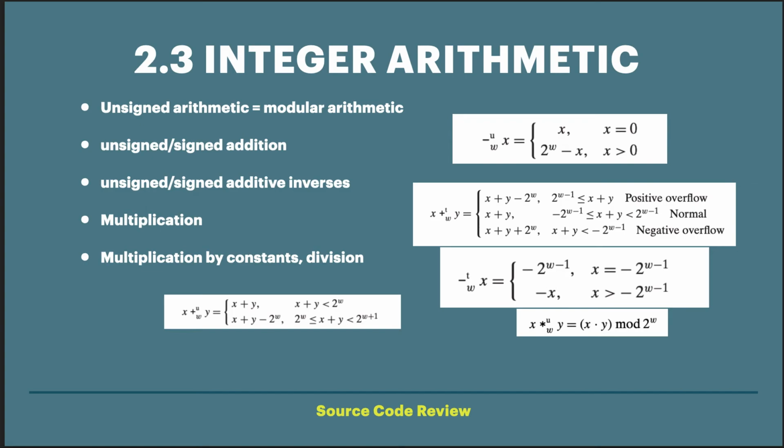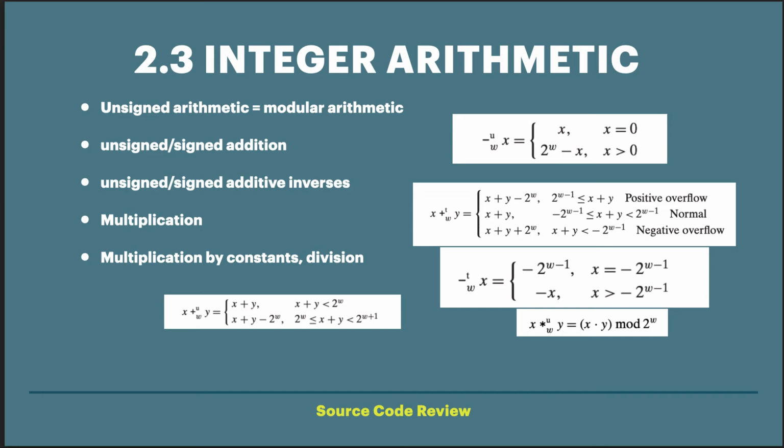And 6, represented as binary, is going to be 1, 1, 0. When you add 1, 1, 0 with 0, 0, 1, you're going to get an overflow.